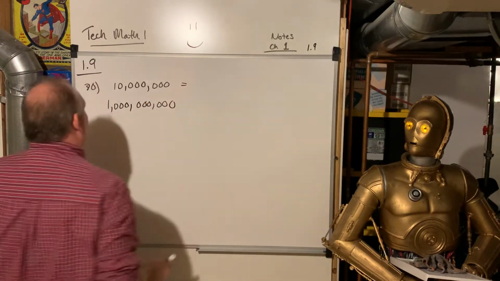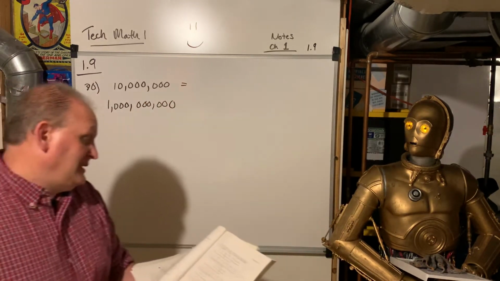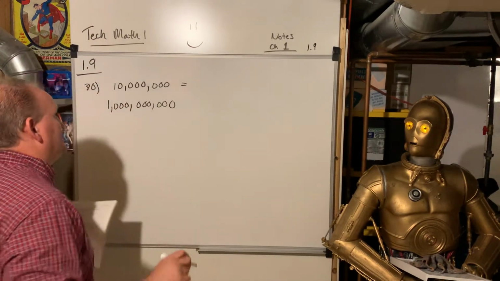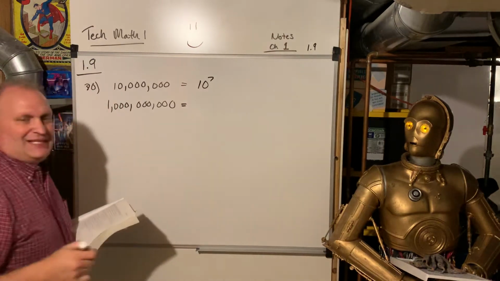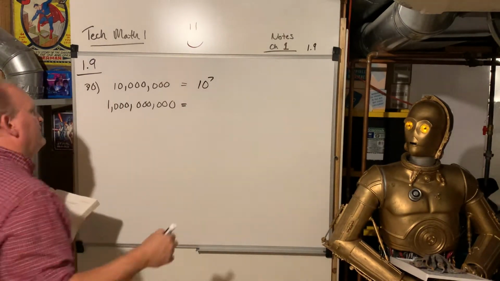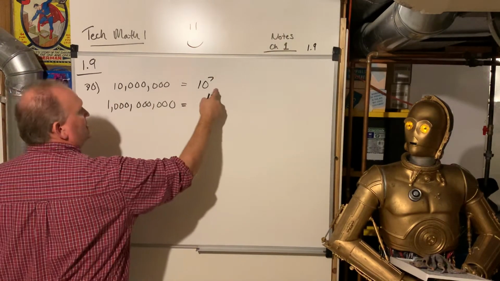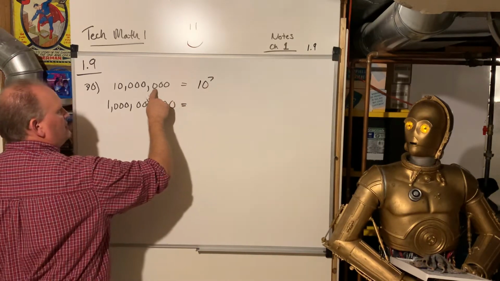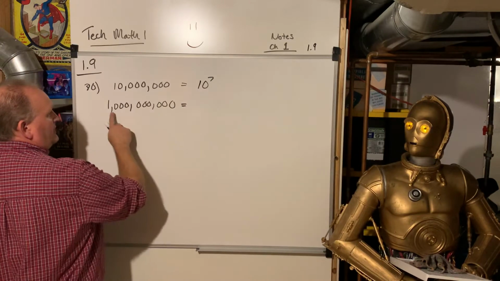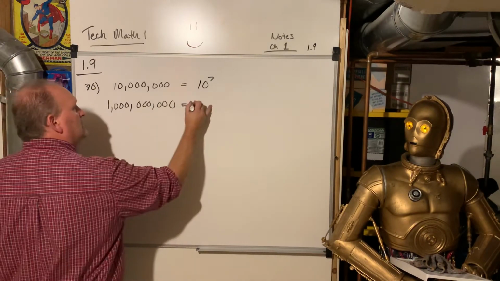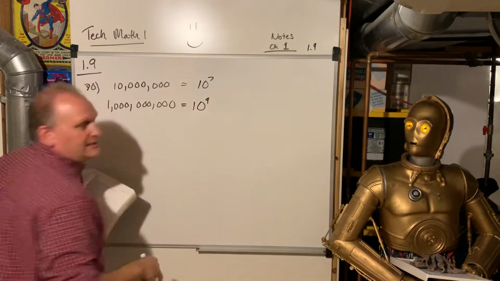So look, 10 million would be 10 to the 7th power, because remember, when you multiply by 10, that just adds a 0. So if you take 1 times 10 times 10 times 10, 7 times, that's 1, 2, 3, 4, 5, 6, 7 zeros you add. This is 1 billion. Dr. Evil. All right, 10 to the 9th.